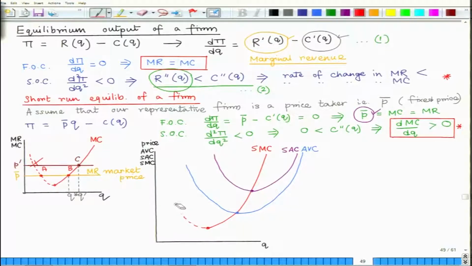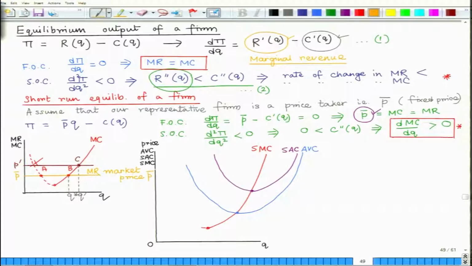So, I can erase this from the graph to make it clean. Now, let us start with some initial market price. So, suppose there is origin here, okay, and I start with a market price which is pretty high to start with, and say that market price is set at P bar.